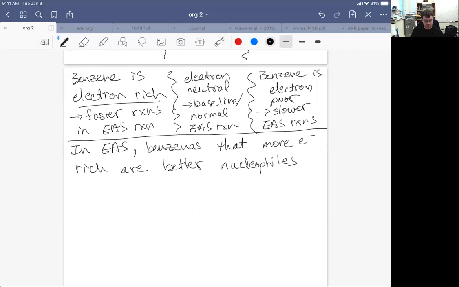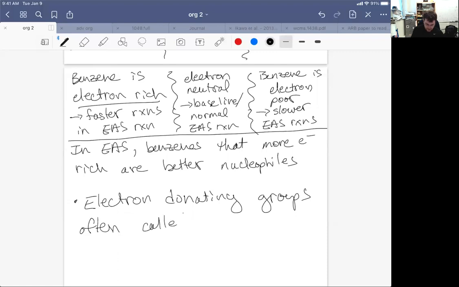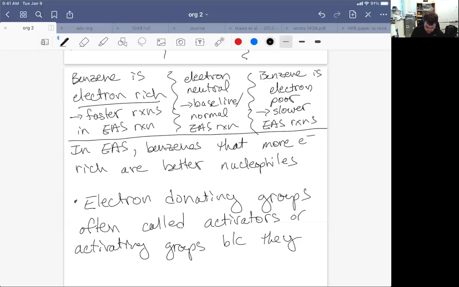Now, all of this being said, electron donating groups are often called activating groups. So we could say they are activators or activating groups, because they result in faster EAS reactions.